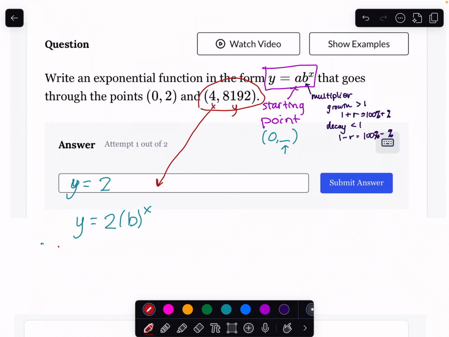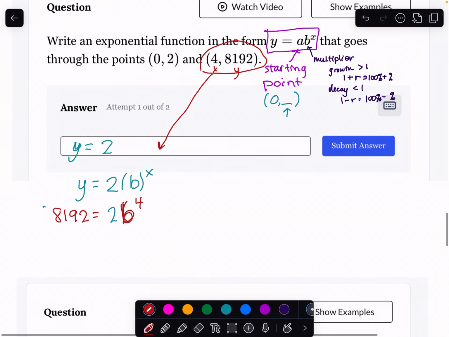So we have 8192 is equal to the 2 we already had times b, still b because we don't know the b, to the power of 4. We don't know what b is, but we know it's being raised to the power of 4. So let's find out b to the 4th.